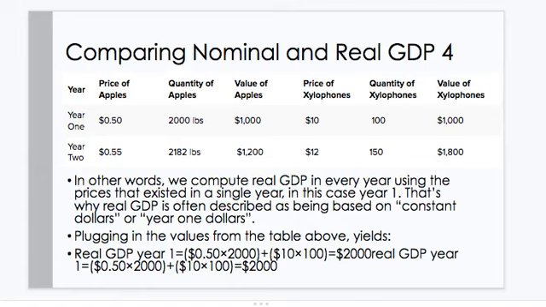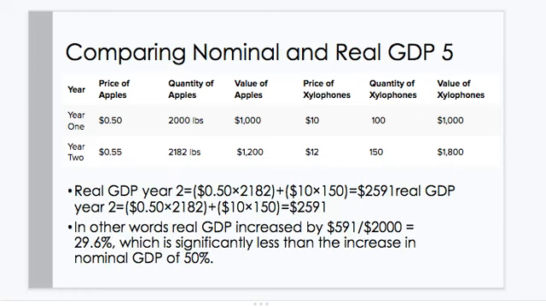In other words, we compute real GDP in every year using the prices that existed in a single year, in this case year one. That's why real GDP is often described as being based on constant dollars or year one dollars. Plugging in the values from the table above yields real GDP in year one of 0.5 times 2,000 plus 10 times 100, which is 2,000.